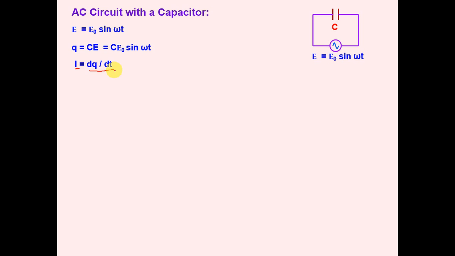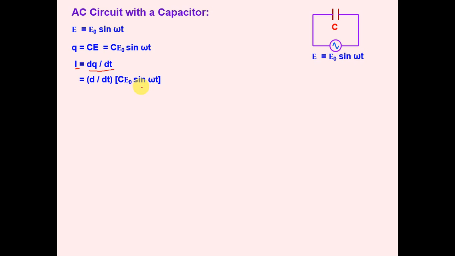So we need to calculate the current in each of the 3 elements. We are just applying the EMF, and then we find the value of the current, and then we can derive the different physical quantities we require. So for the current, we differentiate the charge. Charge is C epsilon naught sine omega t.